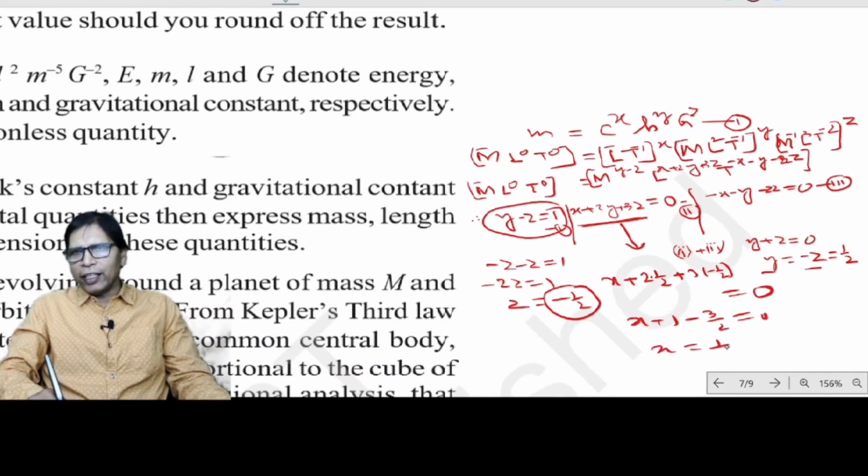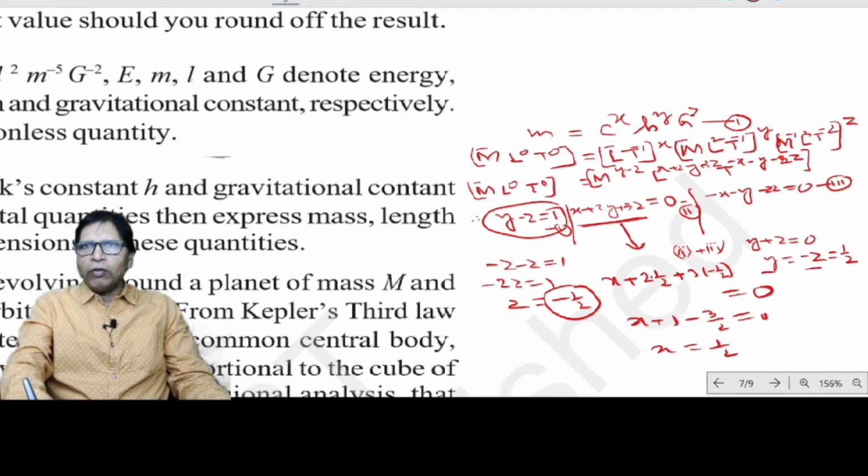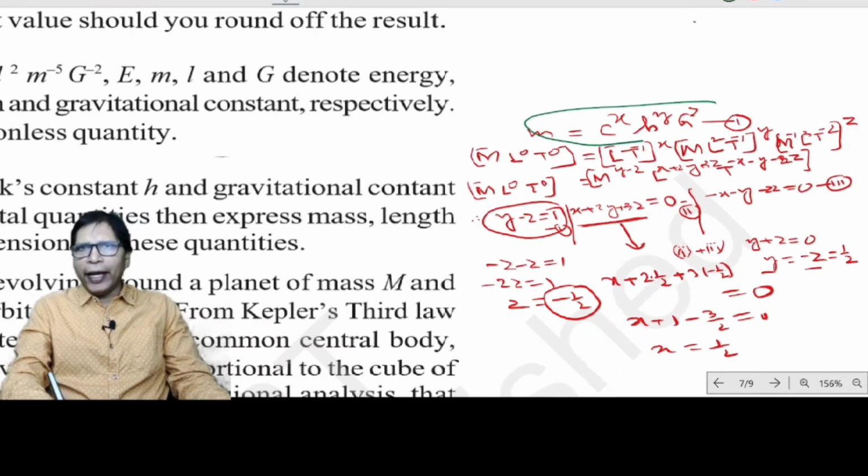So x equals half. Now if we put the values of x, y, z, we get M equals c to the power half, h to the power half, and G to the power minus half.